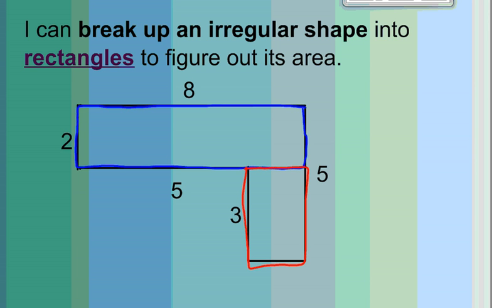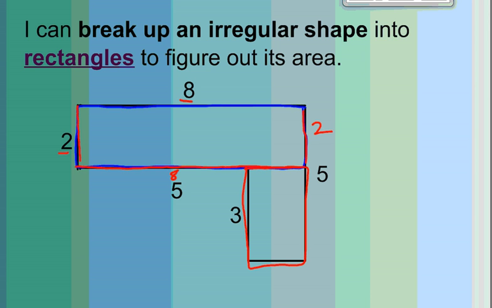All right, and now I'm going to use the numbers for the sides to figure out my unknown sides. So I know that this side is 2 and this side is 8. If this side is 2, the parallel side right here is also going to be 2. And then I know this whole side equals 8.